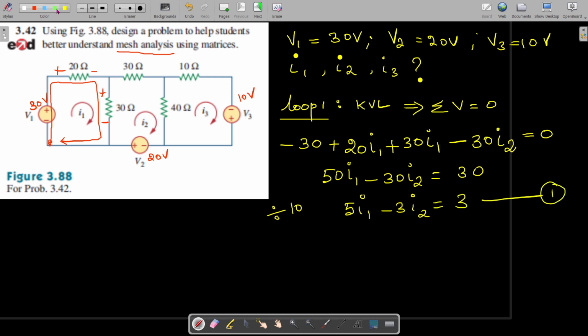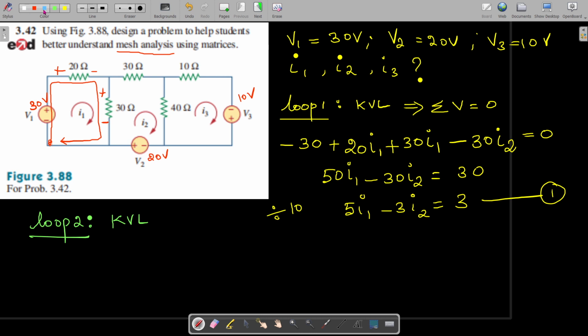Now we go for the second loop, loop 2, for which we are again applying KVL. You can write the currents I2 and I1, I3. Okay. So how many resistors are involved in this loop? 30 plus 30 plus 40, so we can write 100.